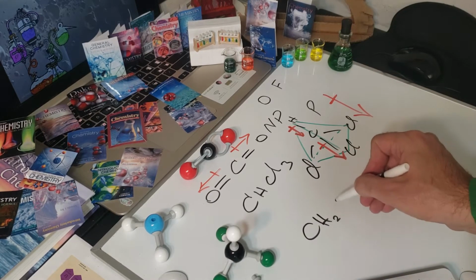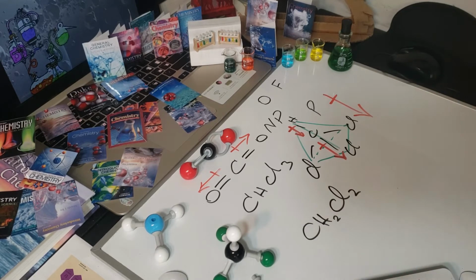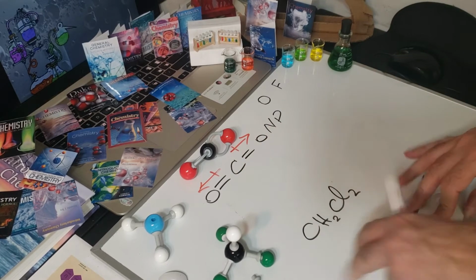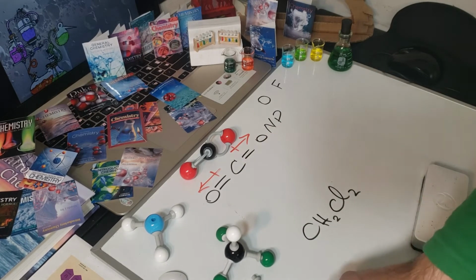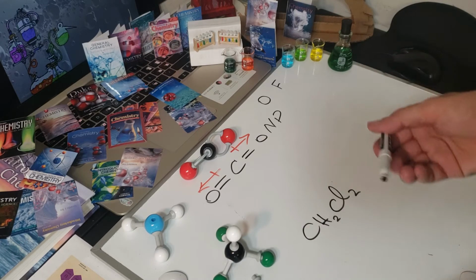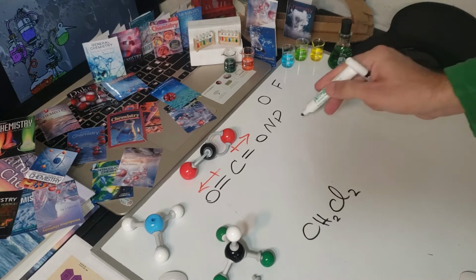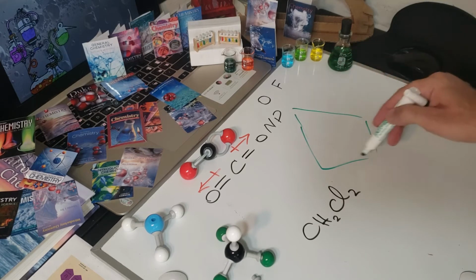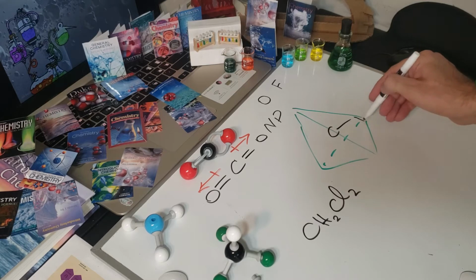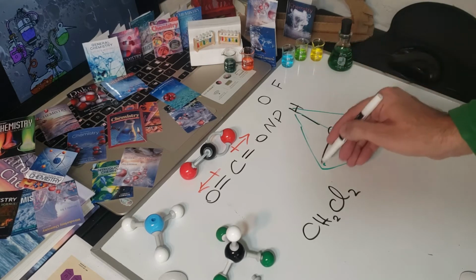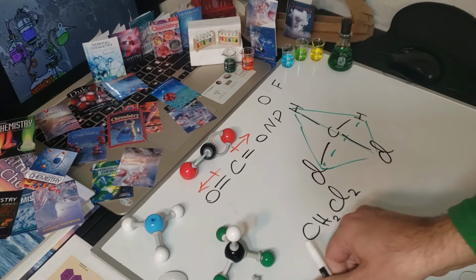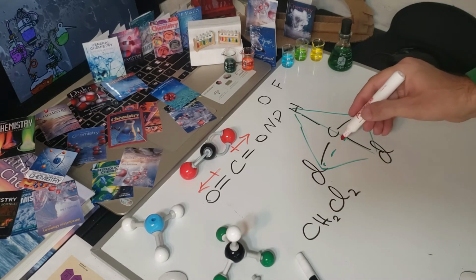Let's also do CH2Cl2. For this molecule, we could use the rule of 2 of those bonds to do that. Let's use green for the framework. Now we could say that the chlorines are pushing.